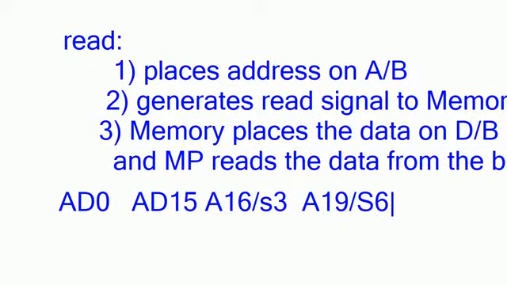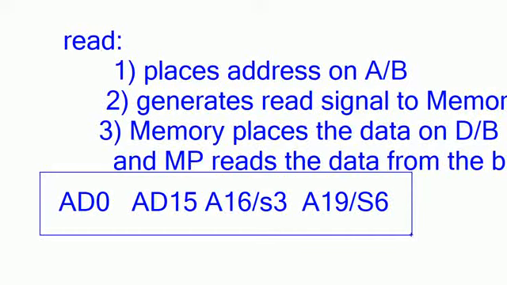These are the multiplexed signals. During the first step, when the microprocessor performs the read operation, these signals should act as address lines, because the first step is placing the address on the address bus. These multiplex lines act as address lines, as well as data lines and signal lines.